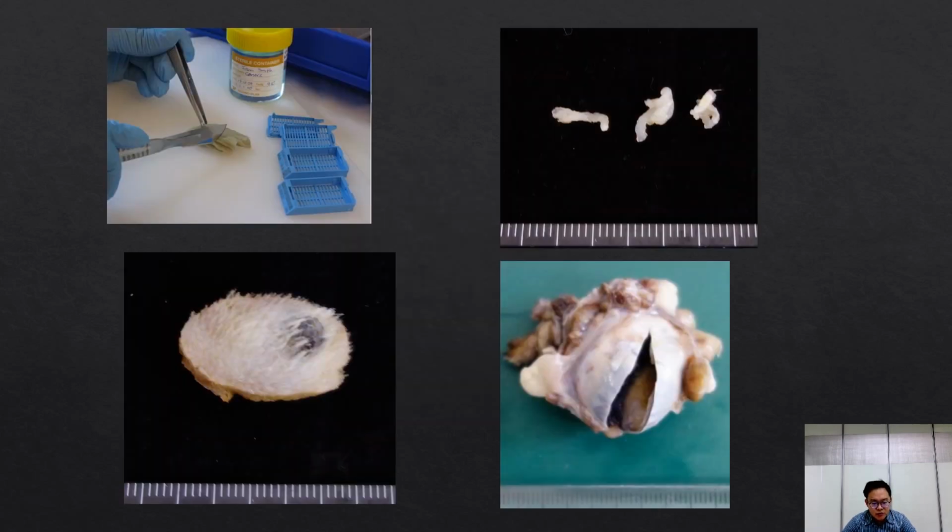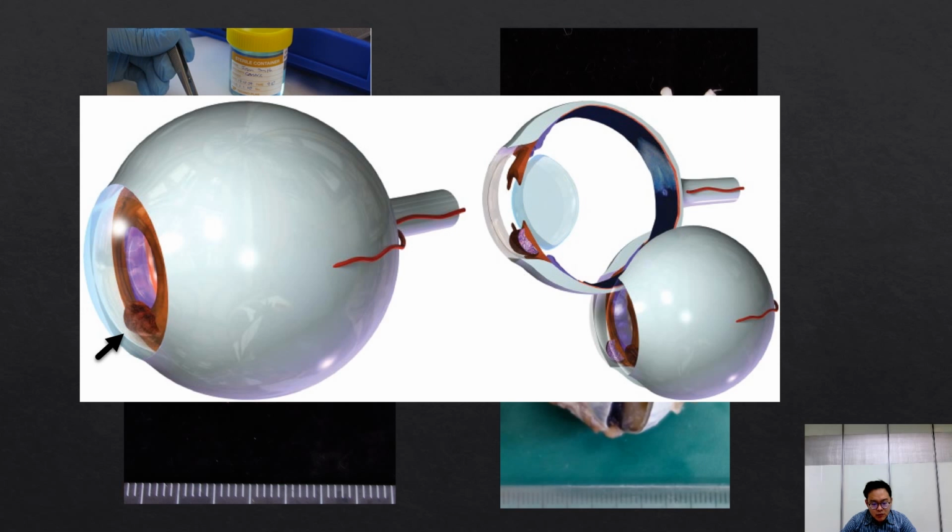Then once it gets to the lab, it's gonna go down to the trimming lab, where they get these specimens all day. It could be skin masses, little tiny biopsies, or the eyes. Here is an example of ocular enucleation with a mass in the iris.